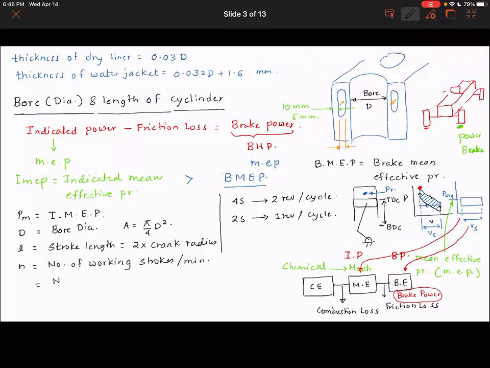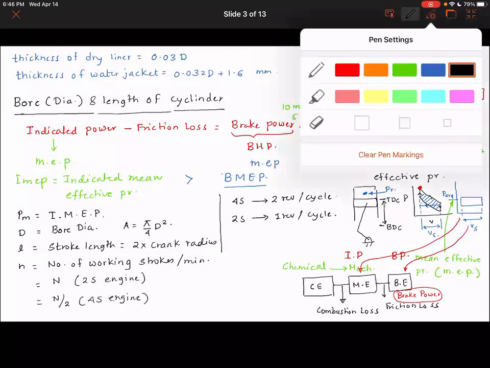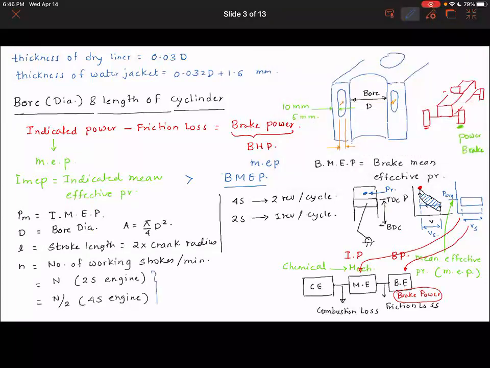For 2-stroke engines, it is N, and for 4-stroke engines, it is N by 2, where N is the speed of engine in RPM.